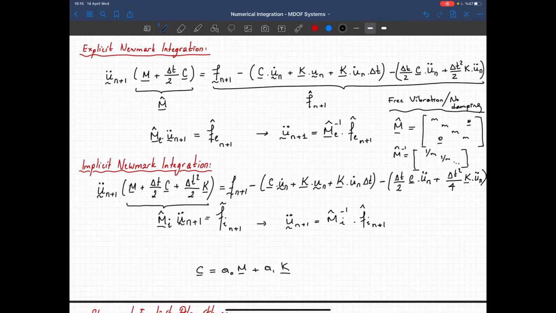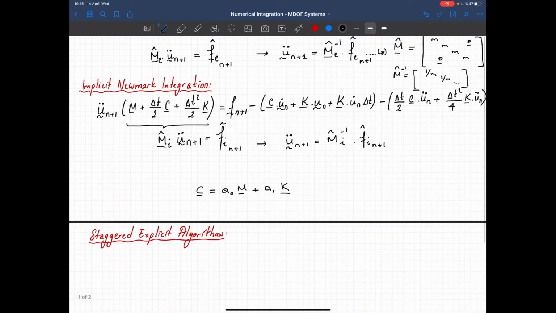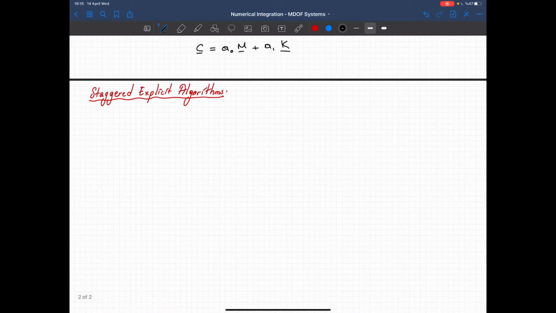I will call this one equation star. In equation star, the mass matrix can be generated as a diagonal matrix.